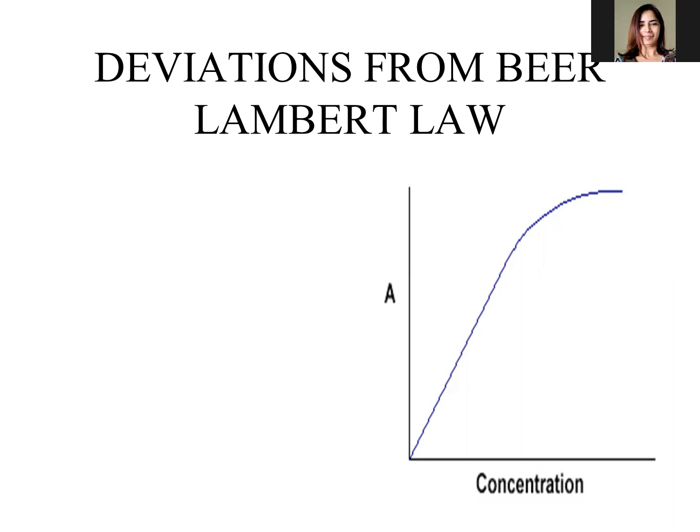The law also shows a deviation if the absorbing material contains certain sorts of impurities. Apart from the chemical deviations, there may be instrumental deviations. Thus, this was all about the Beer-Lambert law.